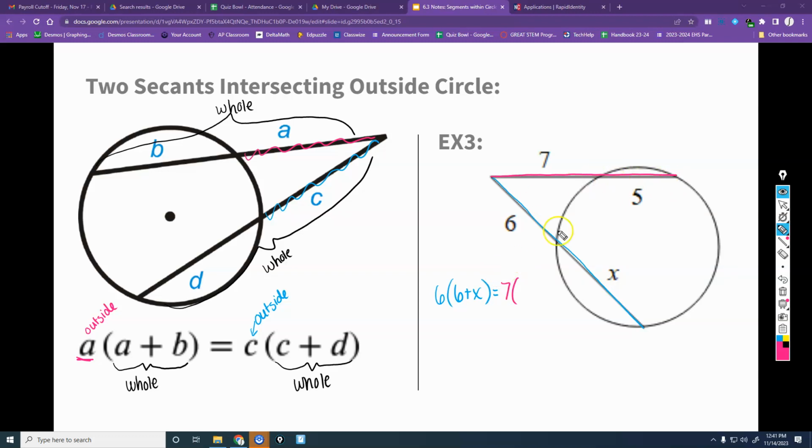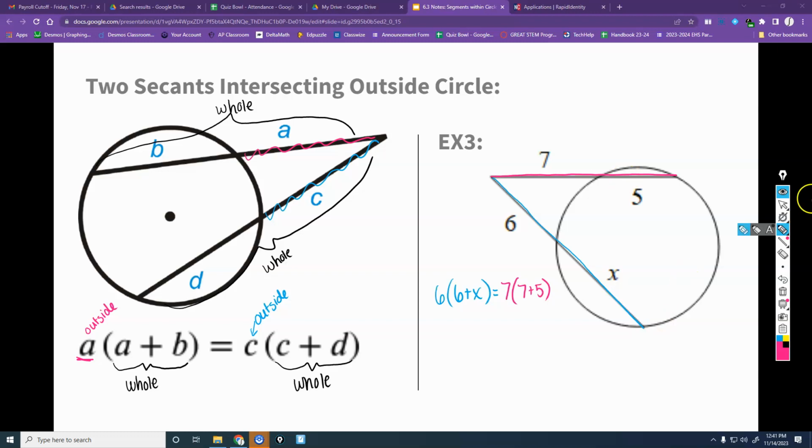Not 13, 12. 12. You're just adding wrong in your head, though. You were doing 7 plus 5, right? Yeah. So you can write it that way. You can write it as 7 plus 5 if you want. Or you can just go ahead and say it's 12, because 7 plus 5 is 12.